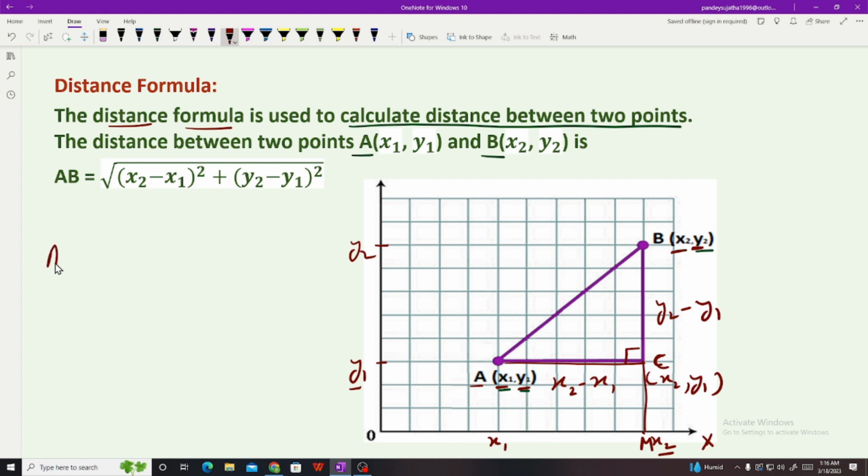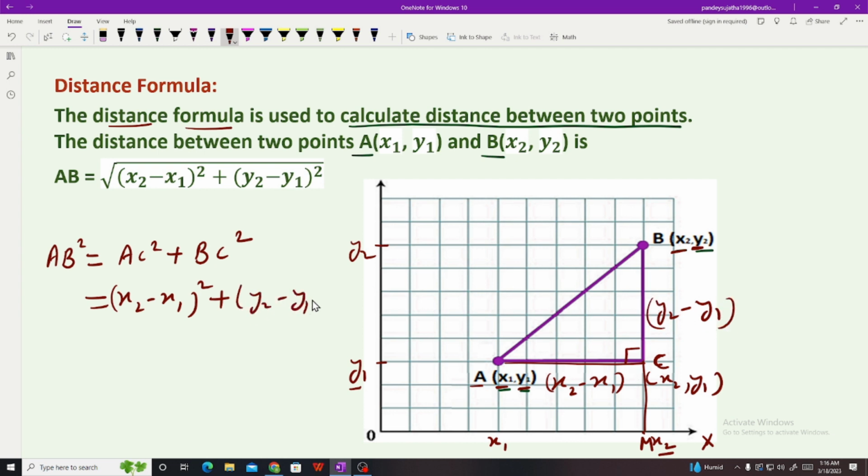So AB square will be equal to base square, that is AC square, plus altitude square, that is BC square. Here AC is x2 minus x1, so AC square is x2 minus x1 whole square, plus BC is y2 minus y1, so BC square will be y2 minus y1 whole square. So we got AB square as x2 minus x1 whole square plus y2 minus y1 whole square.